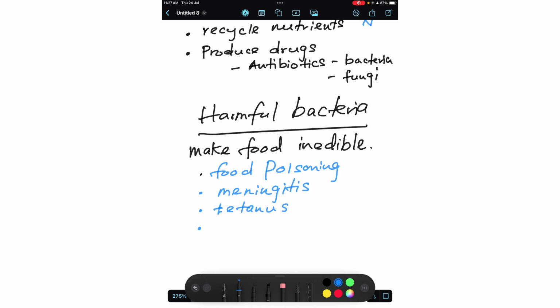What is the other one? Tuberculosis. So many illnesses. Whooping cough. Very popular. Illnesses made by bacteria.